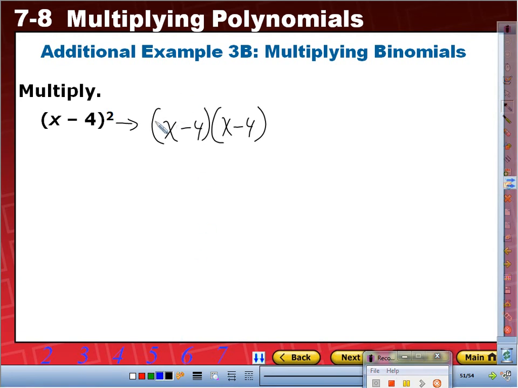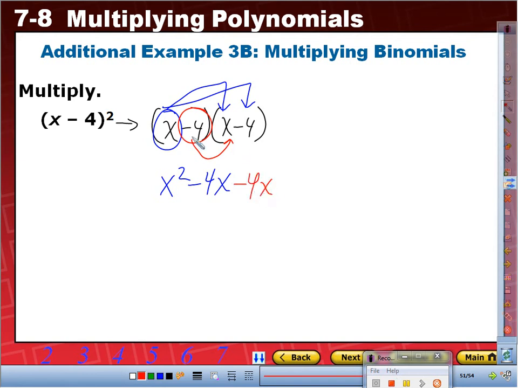So, using distributive property, X times X, what is that? X squared. What is X times -4? -4X. Now let's go with our second term. What is -4 times X? -4X. And what is -4 times -4? Positive 16.